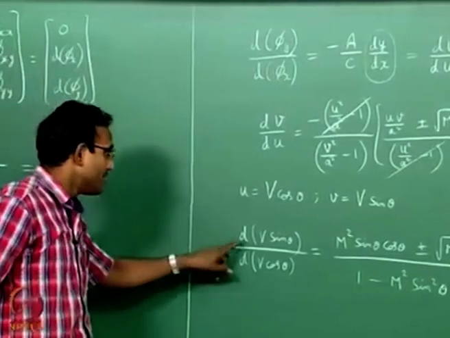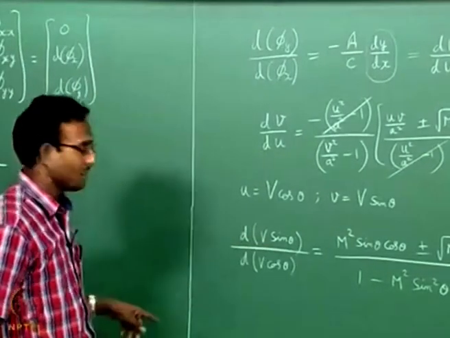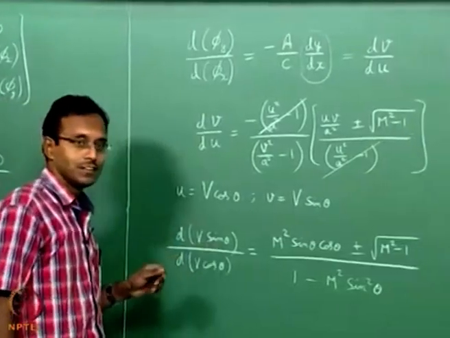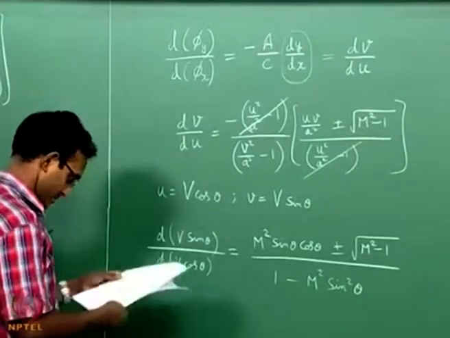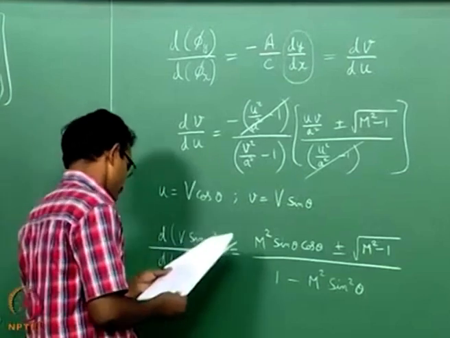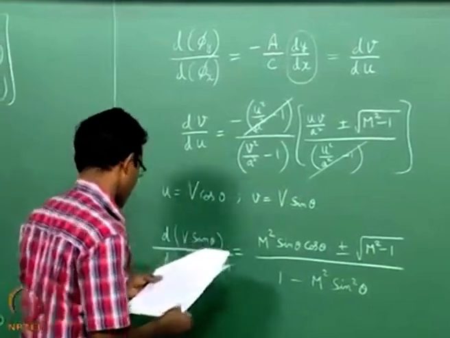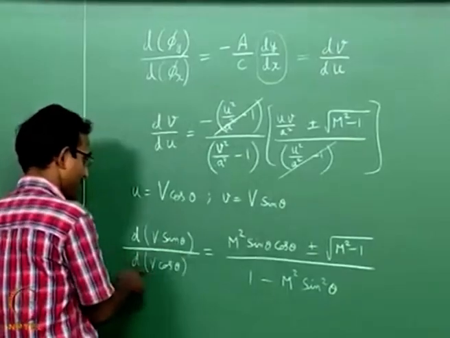Now I still have this d of v sin theta. Now v can vary, theta can vary, so I will expand this again further and rearrange terms again. How will I do this, dv sin theta and dv cos theta?